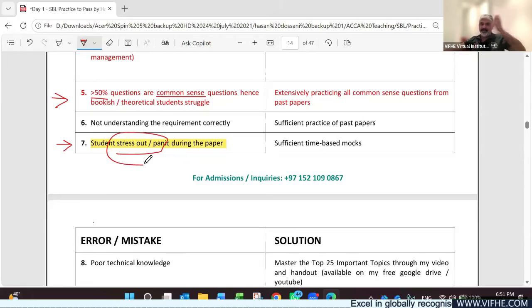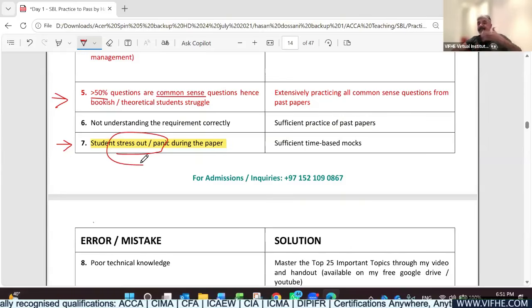What is a time-based mock? Under real time pressure, try to create a real exam environment so that when you are practicing, you feel that pressure. Once you are used to it, you will get better slowly and gradually. And when you give your real exam, it will just feel like one of the mocks.